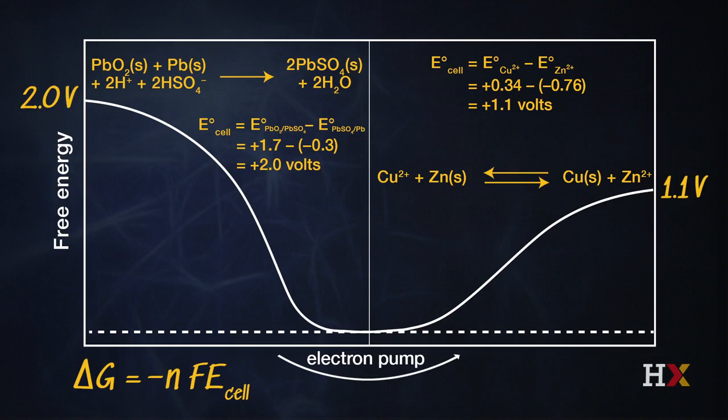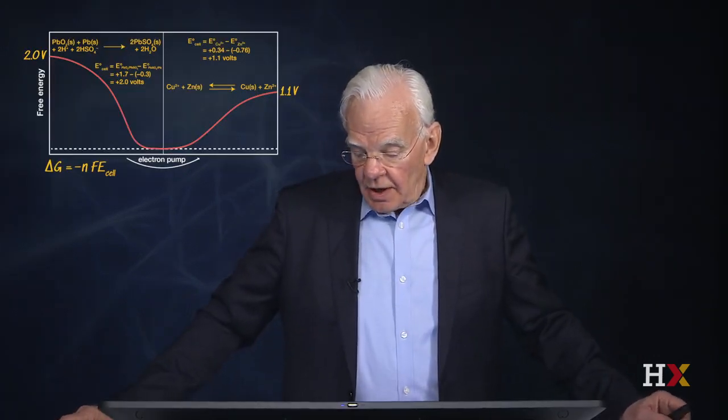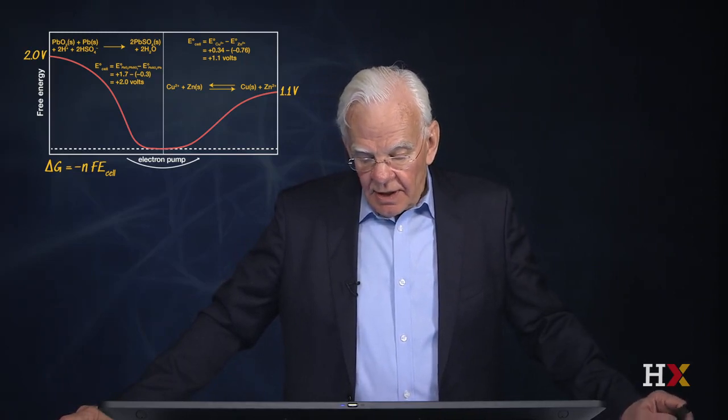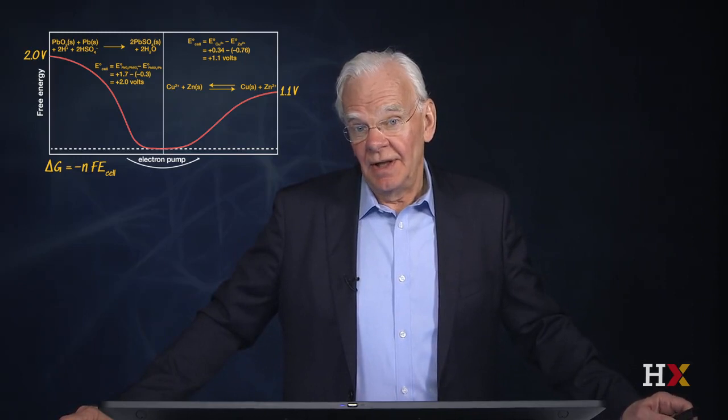So these two Gibbs free energy surfaces couple together so that the 2 volts dominates the 1.1 volts, and that drives the 2 electrons downhill in free energy, and it drives those electrons up the hill on the other side because the 2 volts overwhelms the 1.1 volts. So that means that we're now driving electrons in the direction controlled by the electrochemical reactions of the lead-acid battery.